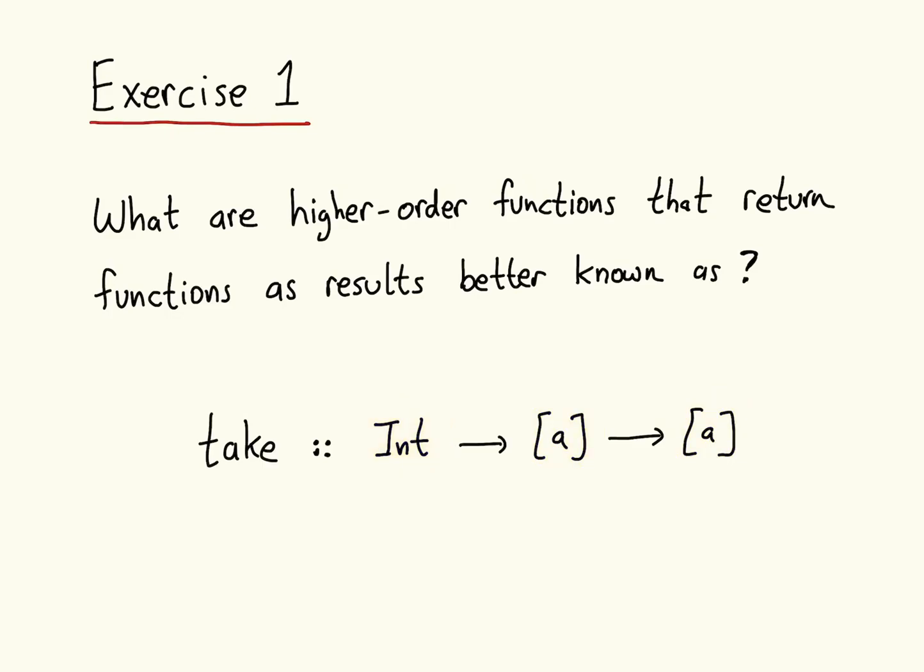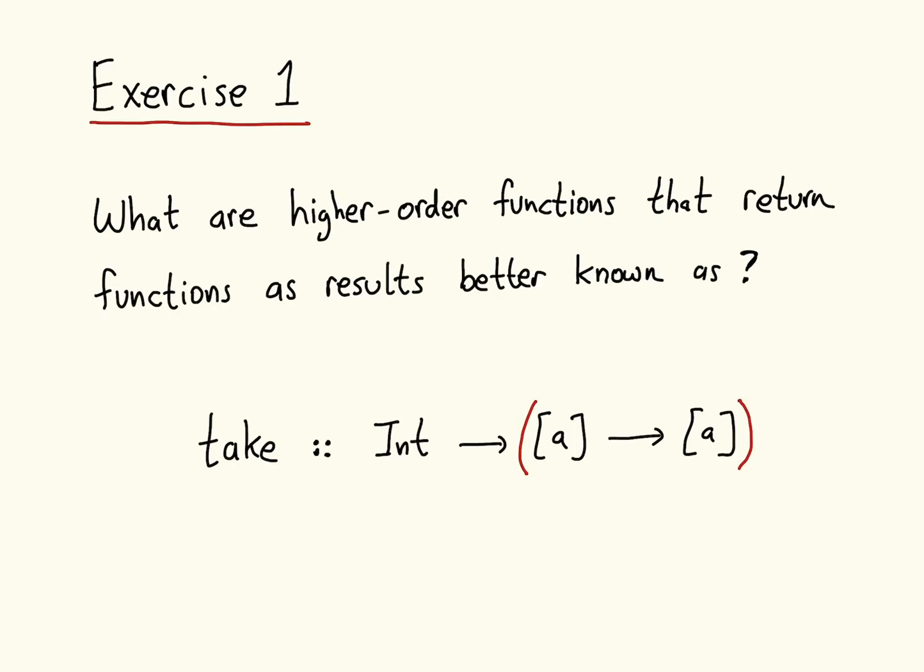So it's a curried function, and one of the things we learned about curried functions is when you have repeated uses of the arrow, they bracket towards the right. So when I write this type here, what I really mean, if I was to put brackets in, and let me do this in red, the brackets go here. So what you see now is that this curried function is actually a higher order function which is returning a function as a result.